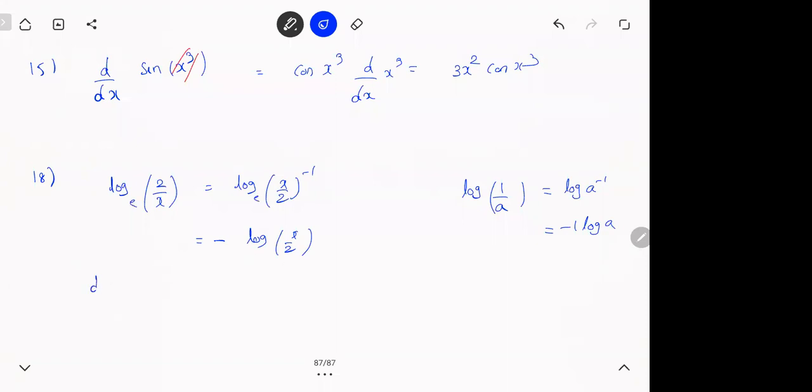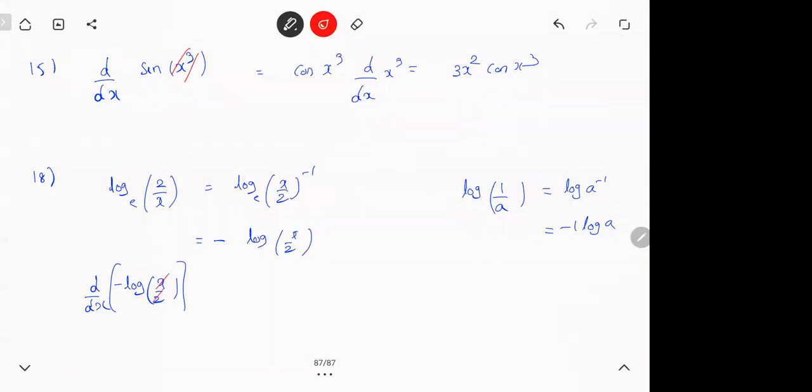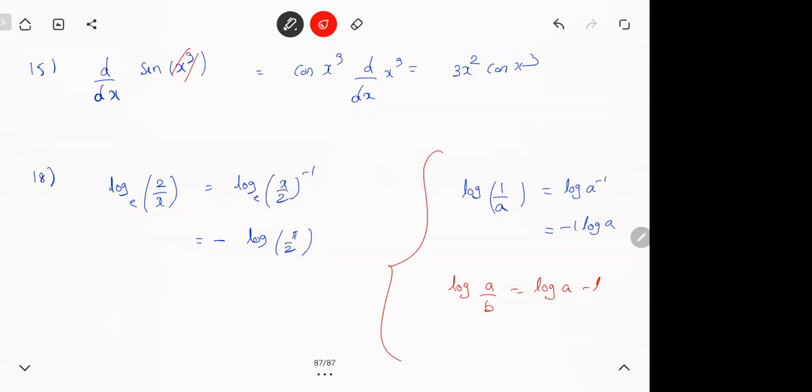So if you have to differentiate this, log x by 2, minus sign will be outside. So this is log of something. Or actually you can still further simplify this. If you have log a by b, you can write this as log a minus log b.